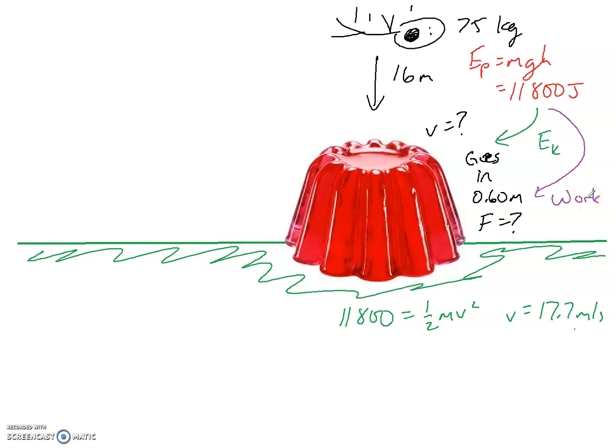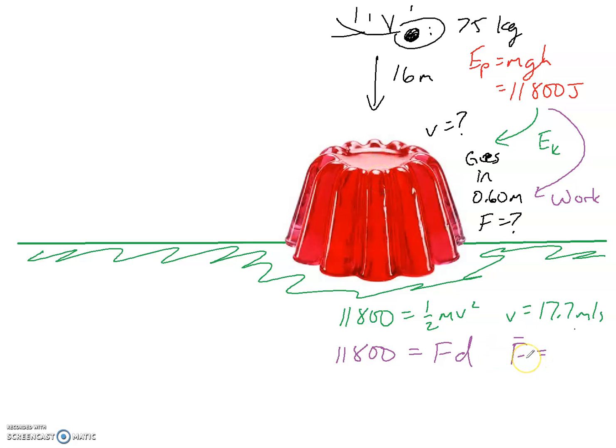So he hits with 11,800 joules of kinetic energy, so that's how much work the jello has to do to stop him. So the jello has to take away all of that energy by doing work on him by applying a force over a distance. Well, I know the distance is 0.6, so now I can calculate the force that was used, and it would be an average force, because work equals Fd uses a constant force or an average force, and obviously if you hit the jello, it's not giving the same amount of force as you go into the jello.